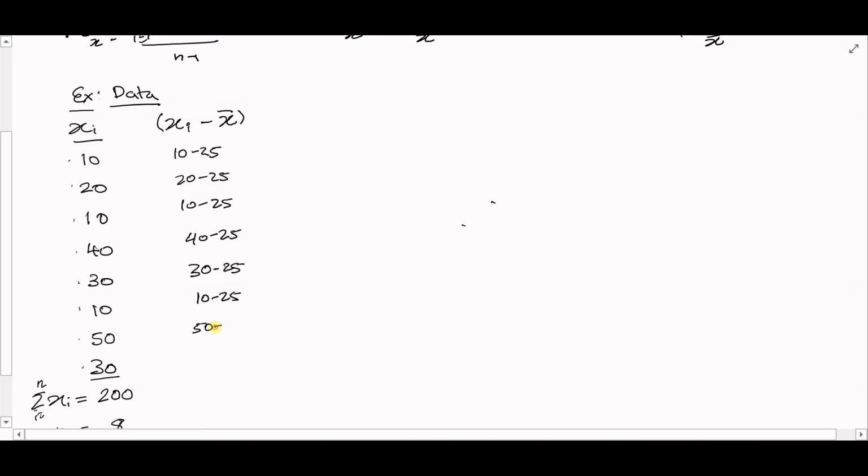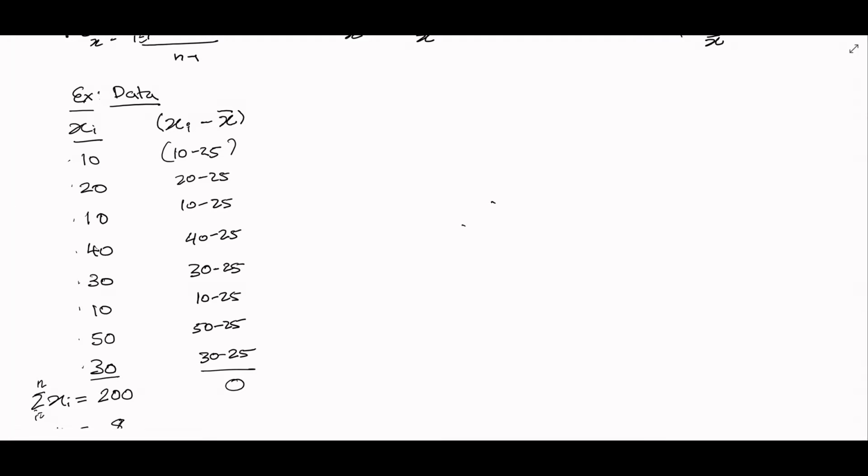If you just take the deviations from the mean and add these numbers up, you'll get 0. Now when you look at a number like 0, it appears that there is no deviation. Clearly there is deviation.